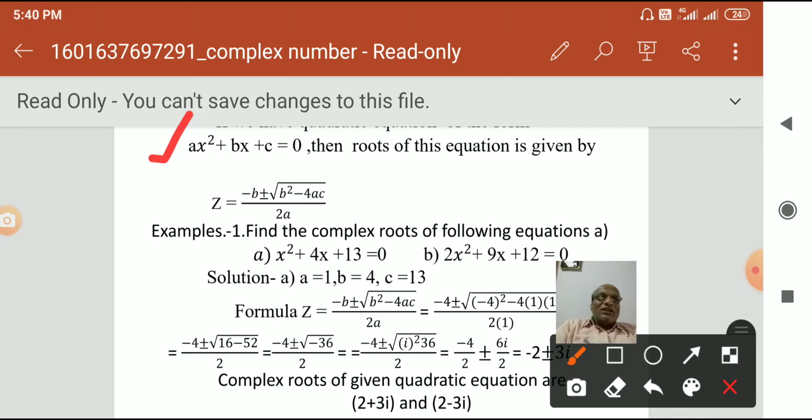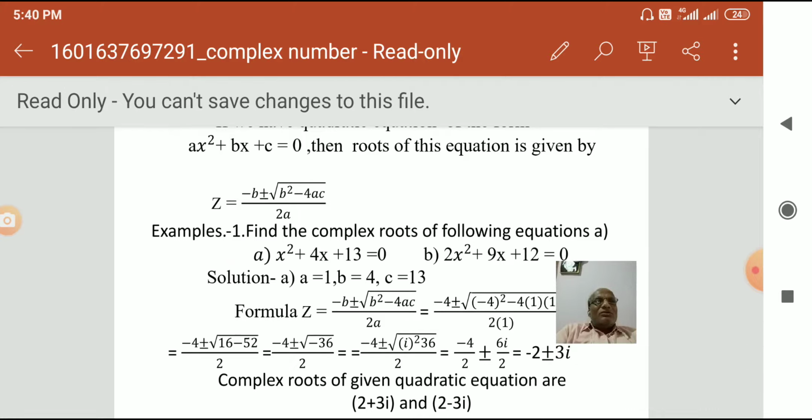This is the standard quadratic equation, and the second one is the given quadratic equation x square plus 4x plus 13 equal to 0. Now when we compare these two equations, we get a equal to 1, b equal to 4, and c equal to 13.